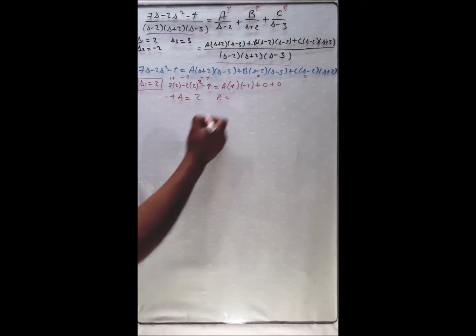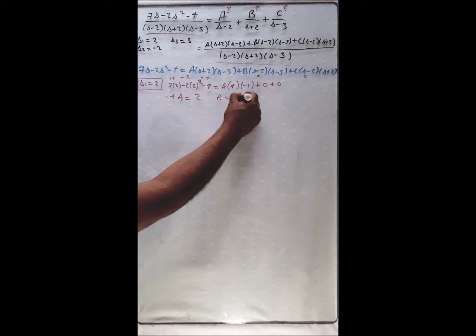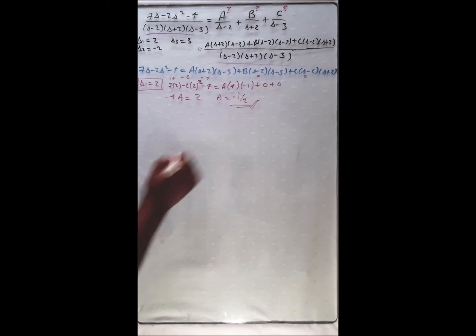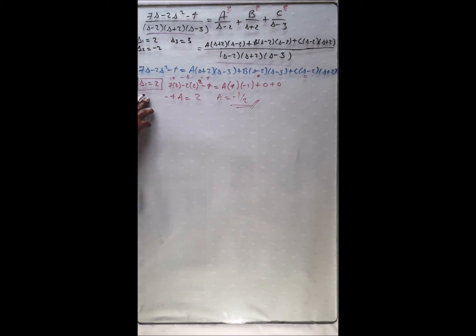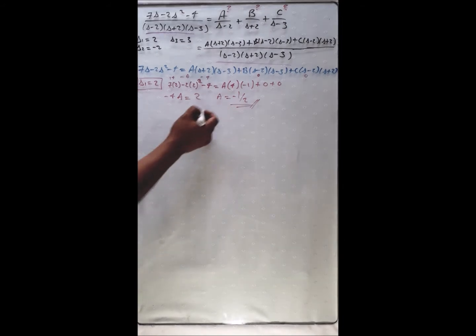So the value of A happens to be minus 1 over 2. That is the first value, A. Now, why did I choose s equal to 2? Because it happens to be a root, and that is why this becomes 0. So that helps to have just one variable.